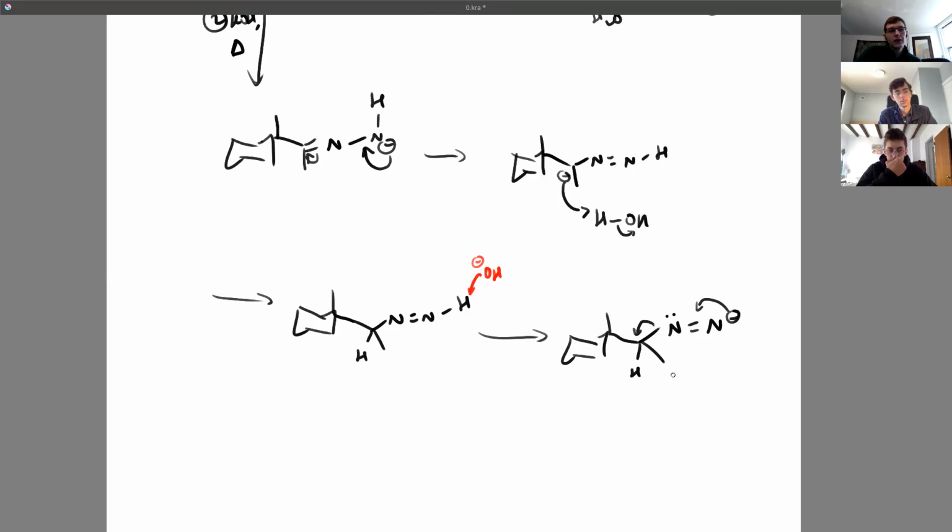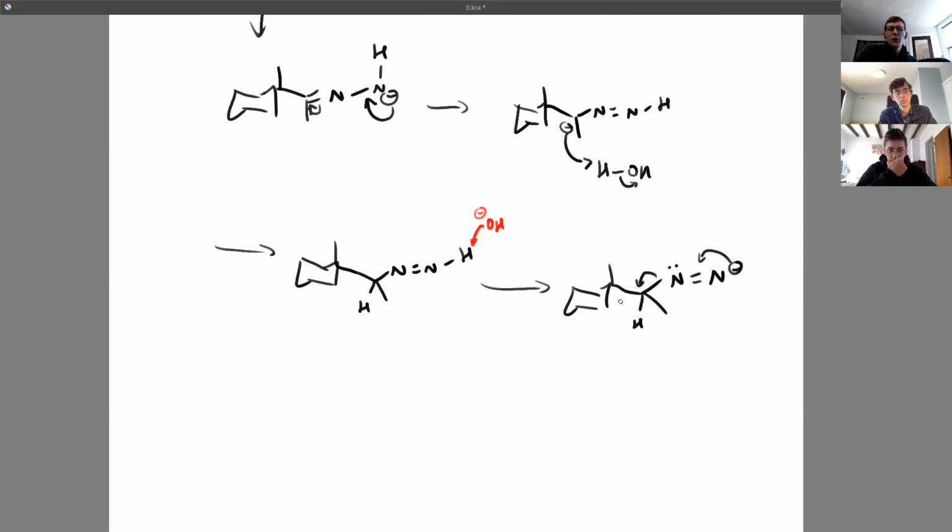Yeah, exactly. So the reason I was hesitant here was because if we move these electrons straight to here, we'd have 5 sets of electrons on this nitrogen. That's not good. In fact, that's pretty bad. So I didn't do that quite yet. It would have been fine. It's just good to take it one step at a time.